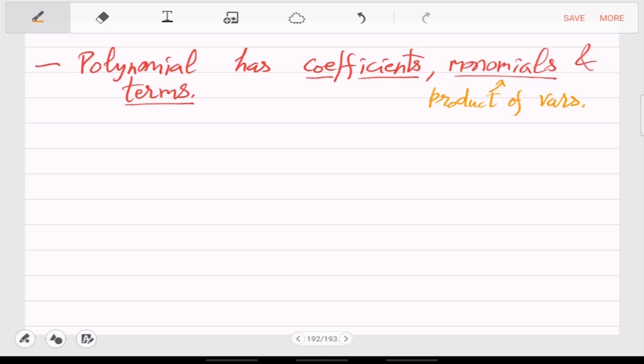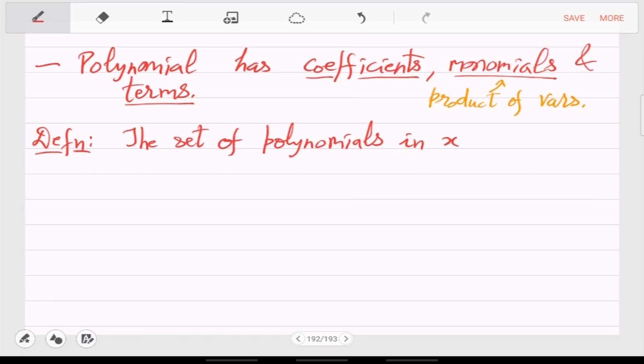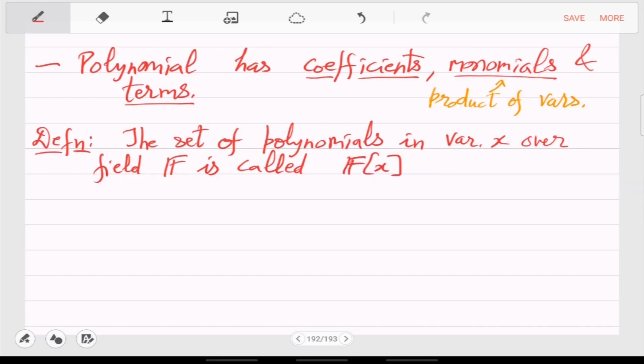And so what is the set of polynomials called? Where do polynomials live? The set of polynomials in the variable x over field F has a standard notation: F square bracket x is the set of all polynomials in one variable.